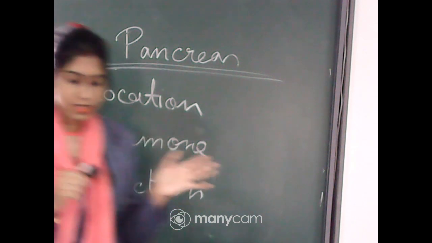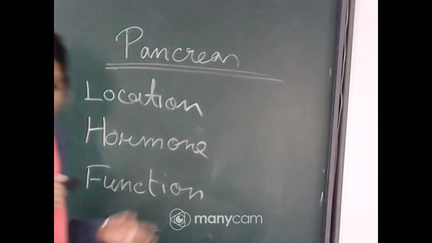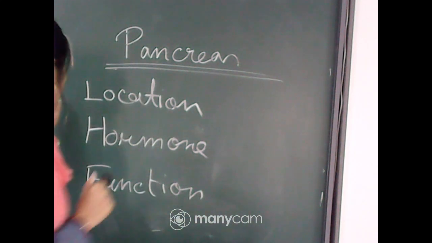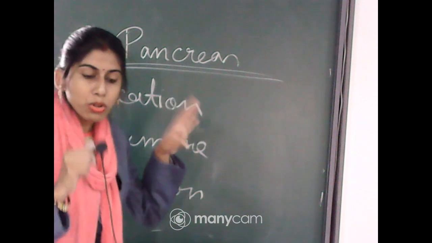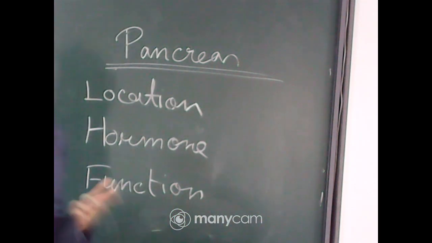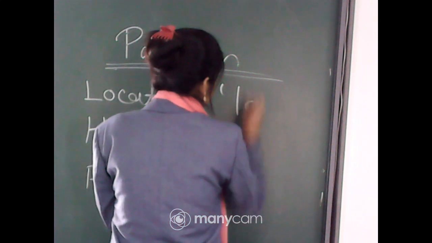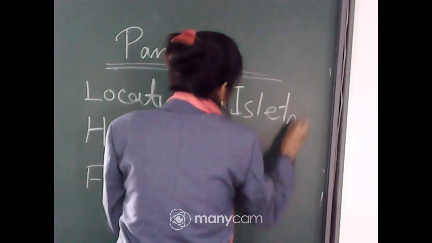So the pancreas is a composite gland which acts as both exocrine and endocrine, and so we are reading about the endocrine gland. So now we will discuss the endocrine nature of the pancreas. Okay, so the endocrine pancreas consists of some cells which are considered as islets of Langerhans.